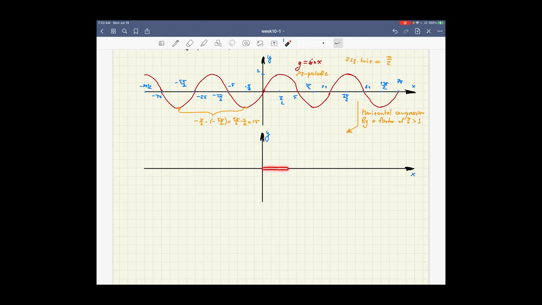So that 3 squares will be pi. Here, 4 squares corresponded to pi. And in our situation, we have 3 squares corresponding to pi.